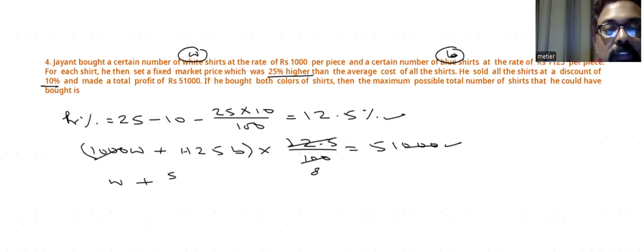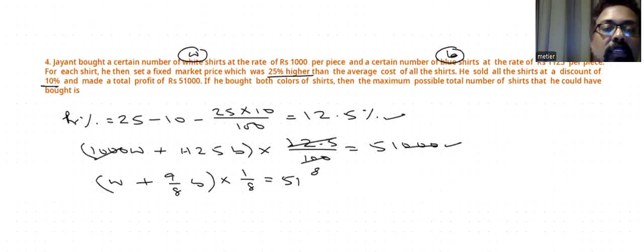Let me calculate in this way. 1.125 will be coming as 9 by 8, so it is 9 by 8 B. And again, we have 1 by 8 outside, into 1 by 8 equals 51.